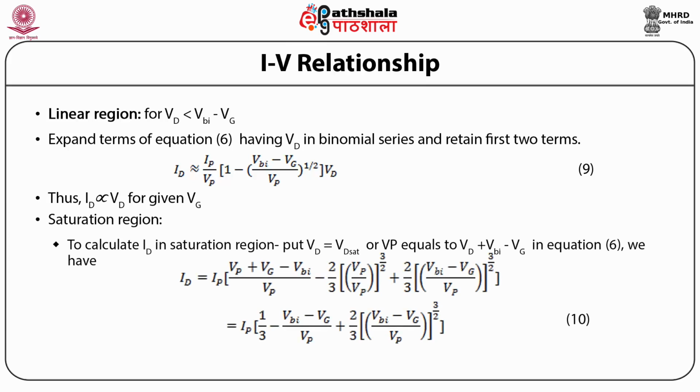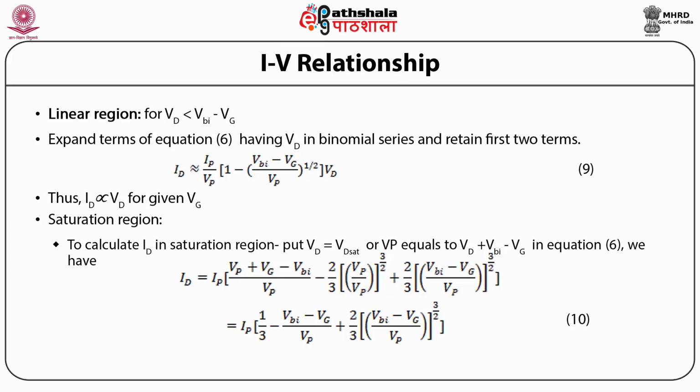Next is the saturation region. To calculate I_D in the saturation region, put V_D equal to V_D saturation, or V_P equal to V_D plus V_bi minus V_G, in equation 6.